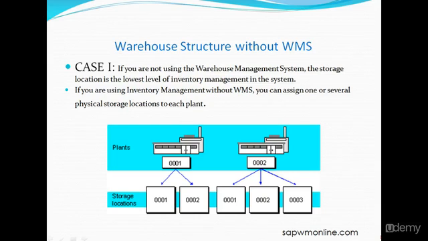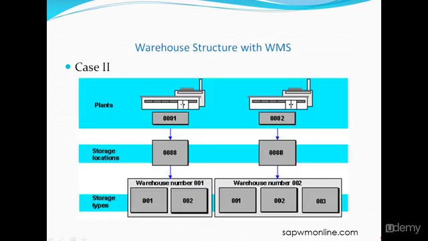So you can see one plant linked to a single storage location or multiple storage locations, and that's it. If you are using inventory management without WMS, you can assign one or several physical storage locations to each plant.